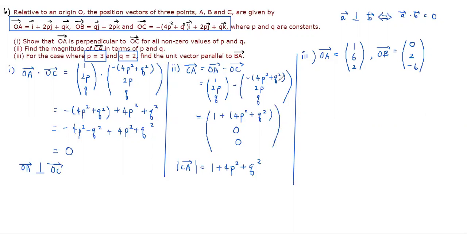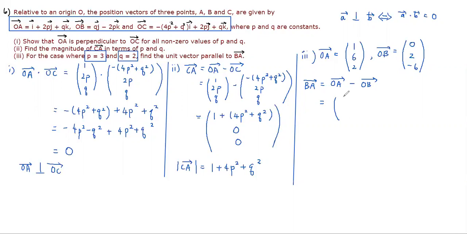Now to find a unit vector that is parallel to vector BA, you need to find vector BA, and then you convert the magnitude of vector BA into 1. And that gives you a unit vector of vector BA, which is parallel to vector BA. So vector BA is given by vector OA minus vector OB.